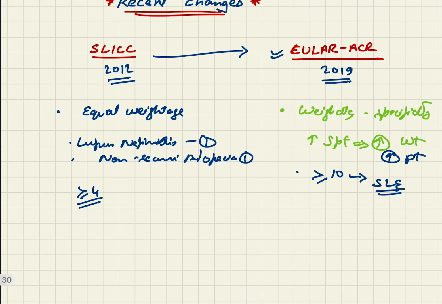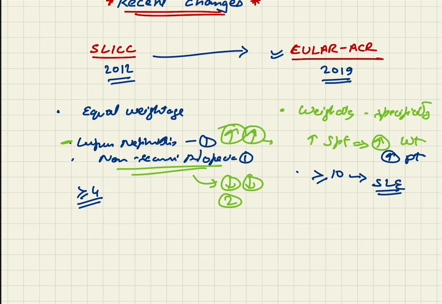For example, if the patient has lupus nephritis, this is given high points, and if there is non-scarring alopecia, it is given a low score, somewhere around 2. And lupus nephritis, considering the stage of the nephritis, can be 4, 5 or 6 depending on that. What I mean to say is, if the symptom is more specific for SLE, it gives a higher score, and hence the diagnosis becomes more accurate.